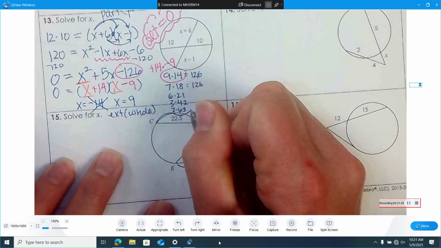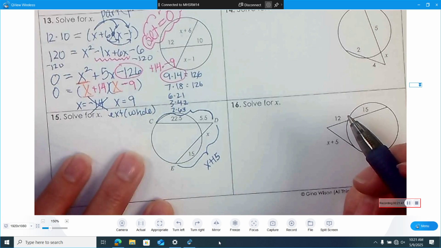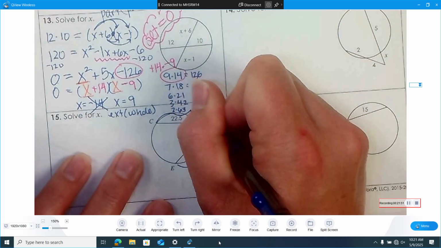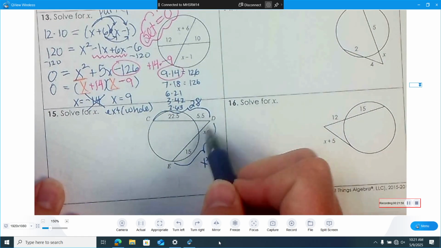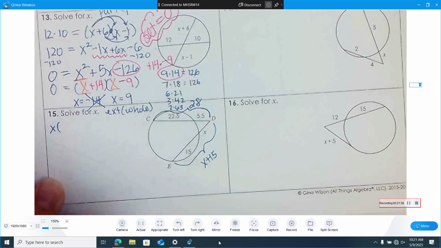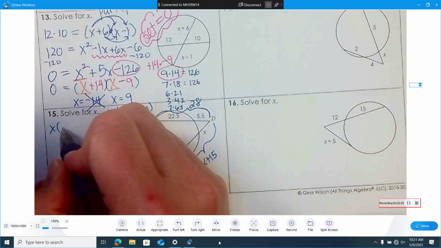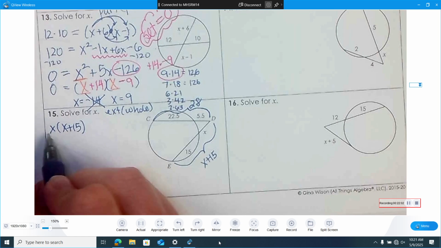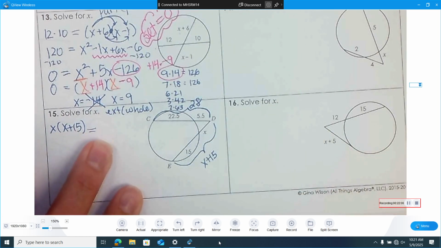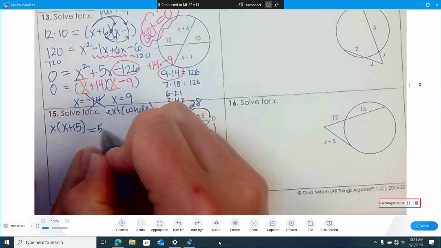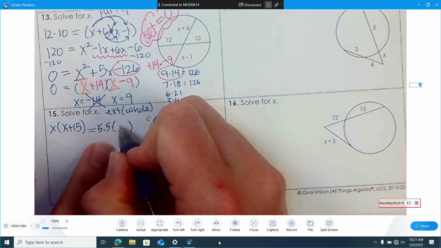And over here, what is the whole thing? 28. Yes. All right. So exterior times whole, that means I'm going to have X times X plus 15. Exterior times whole. And then on the other side, what's the exterior? 5.5 times the whole, 28.